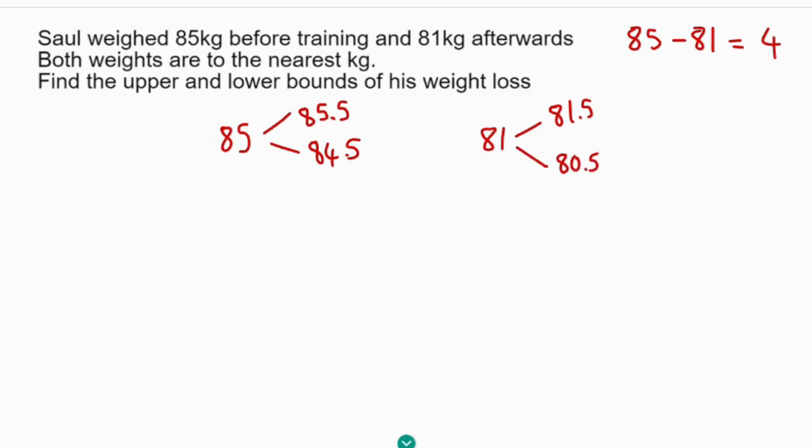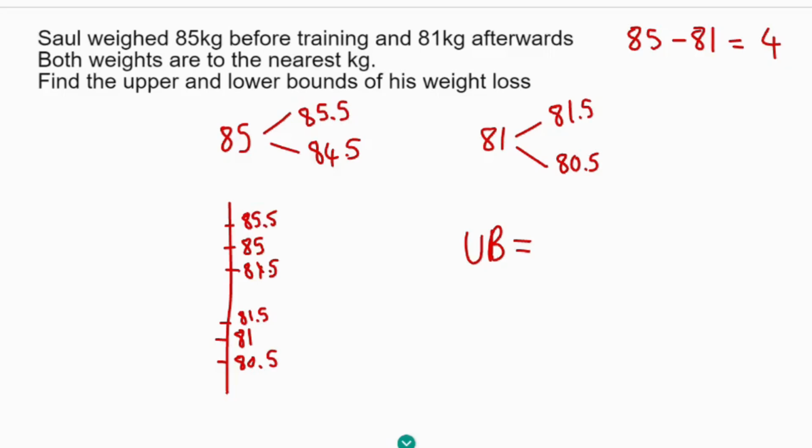Now I'm going to show you this with a bit of a diagram here. Here's 85, here's 81. Here's upper bound, 85.5, lower bound, 84.5. Upper bound, 81.5, lower bound, 80.5. Now, how do we get an upper bound for the weight loss? What is the maximum possible weight loss here? Can you see to get the maximum difference, it's the difference between 85.5 and 80.5, which is not using both of the upper bounds.